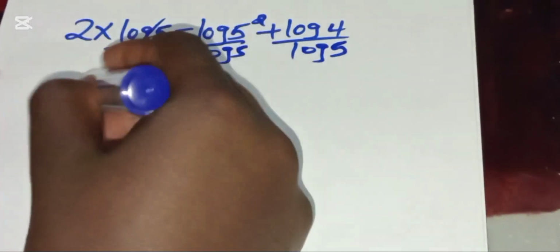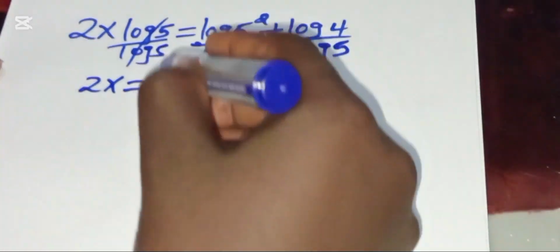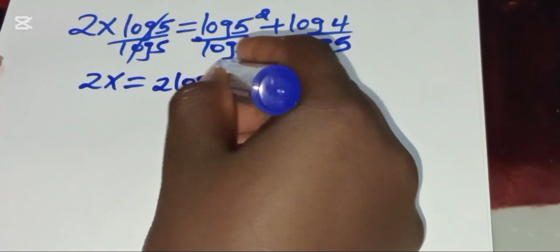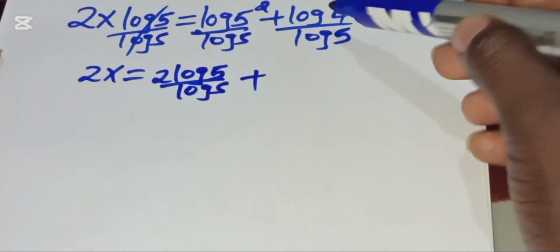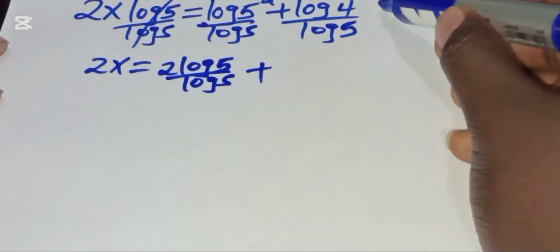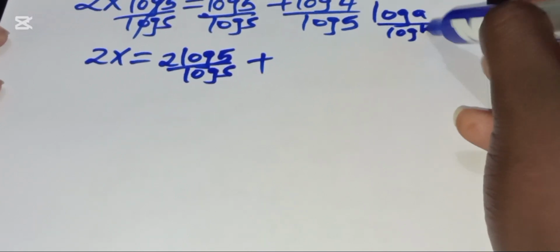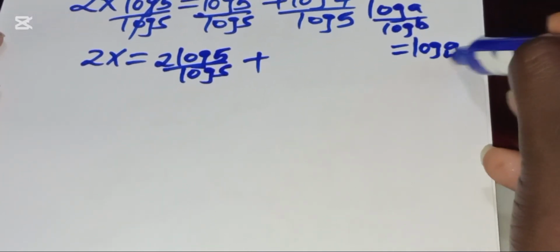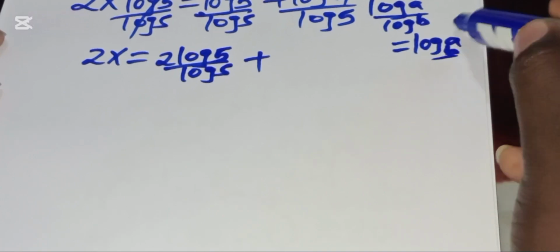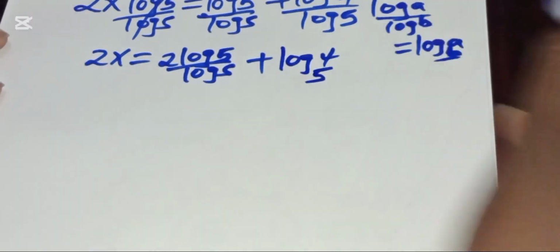We'll have 2x equal to log 5 squared, which is the same thing as 2 log 5 divided by log 5, plus log 4 divided by log 5. This is in the form of log a divided by log b, which we can express as log a to base b. So let's apply this property so that we're going to have log 4 to base 5.